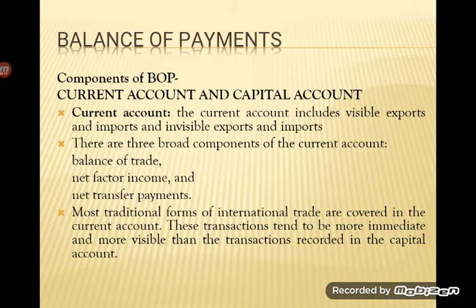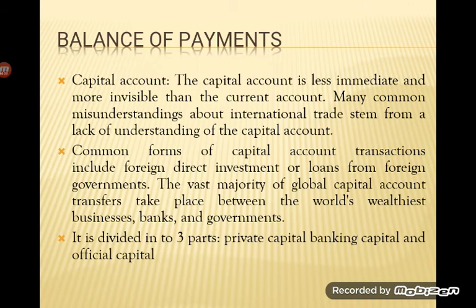This is considered to be the most traditional form of international trade compared to the capital account. Current account is considered the traditional form by the Indian government because transactions tend to be more immediate and more visible than the transactions recorded in the capital account. Then we have the capital account as one more component of balance of payment. As I told you earlier, current account is more immediate, but the capital account is less immediate and more invisible.